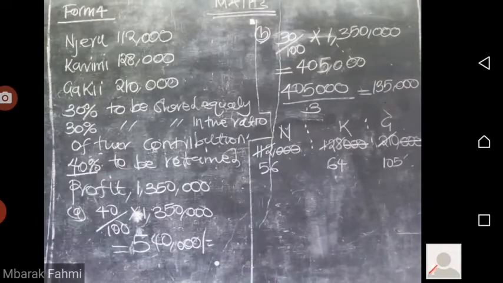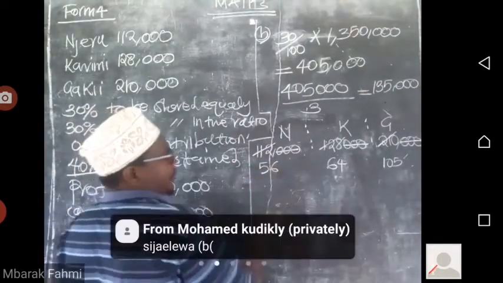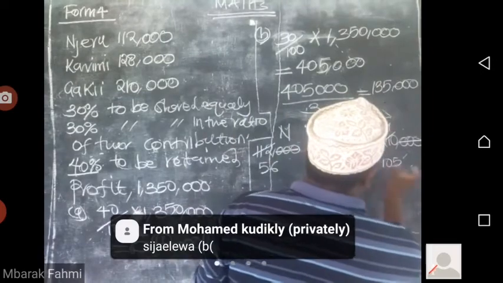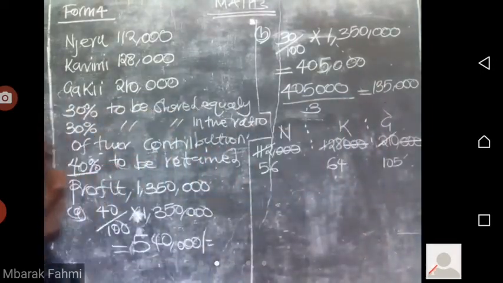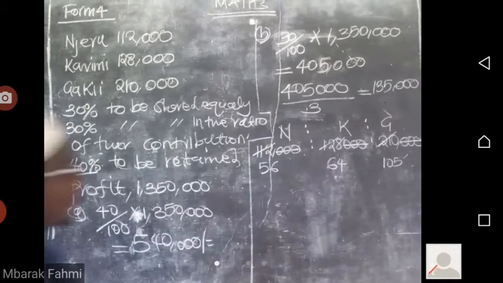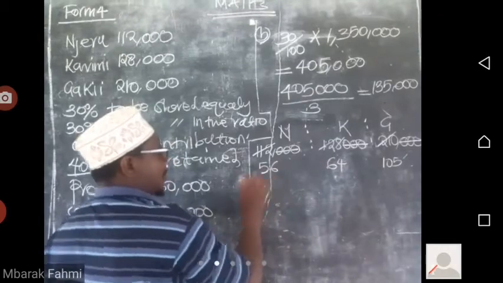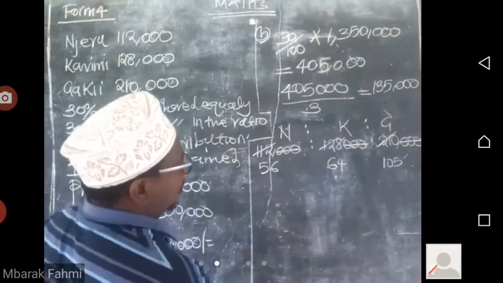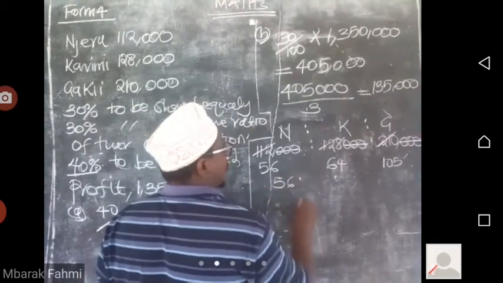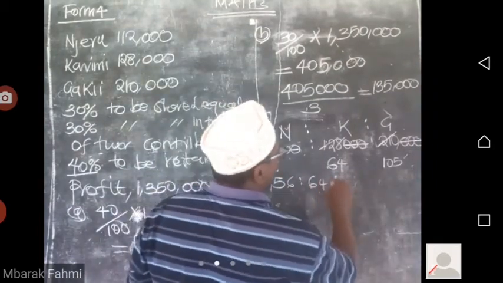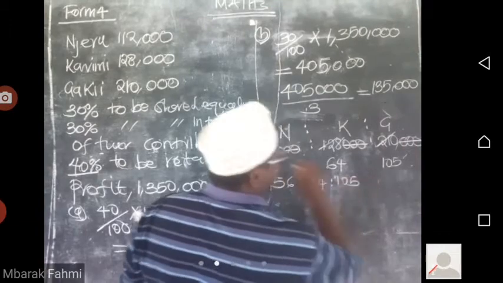So I think that is the most simplified, so we accept the ratio 56 to 64 to 105.